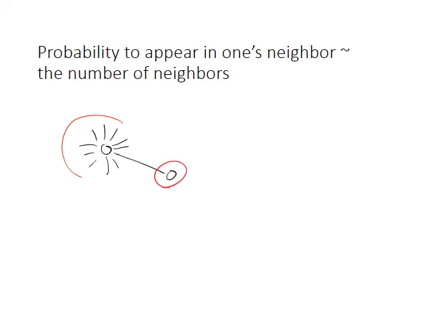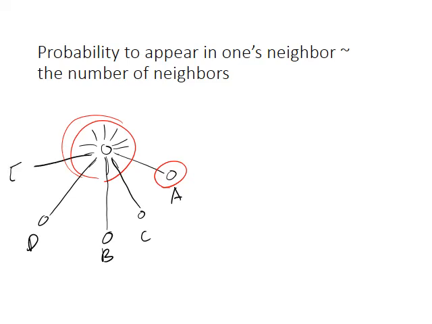So this person appears in the neighbors of this node, say A, okay? And there is another node called B, and this person is appearing in the neighbors of B, and of C, and of D, and of E, etc., etc.